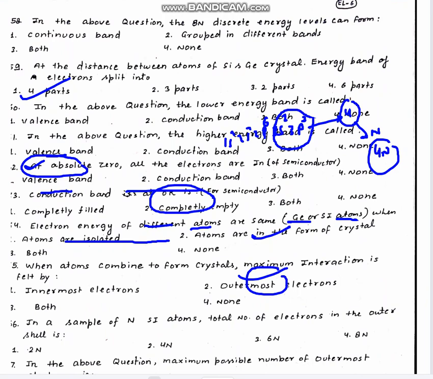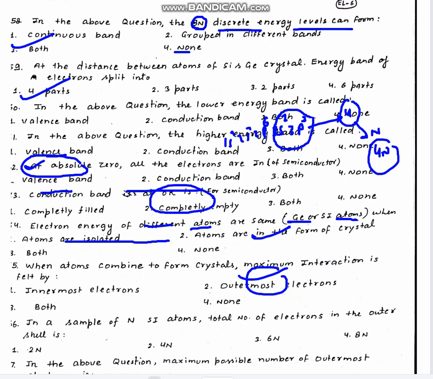Now another question: in the above question, the 8n discrete energy levels can form a continuous band or can be grouped in different bands. Certainly both are possible, so the third is correct.